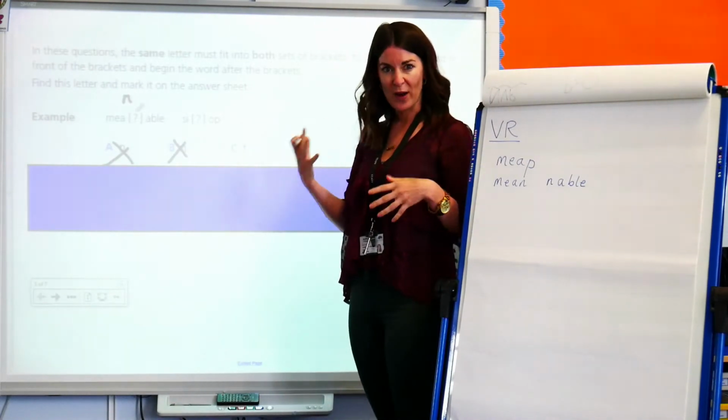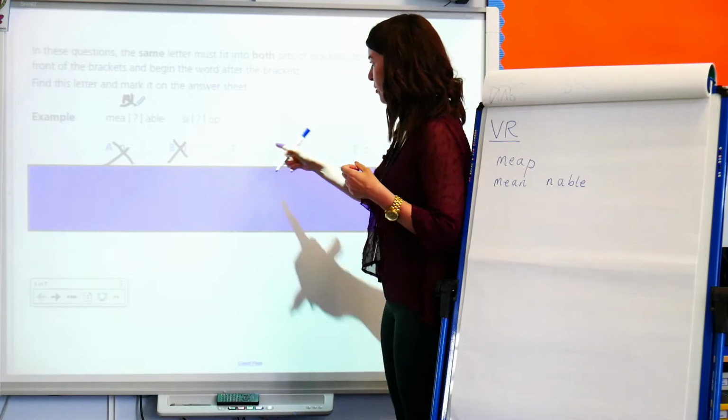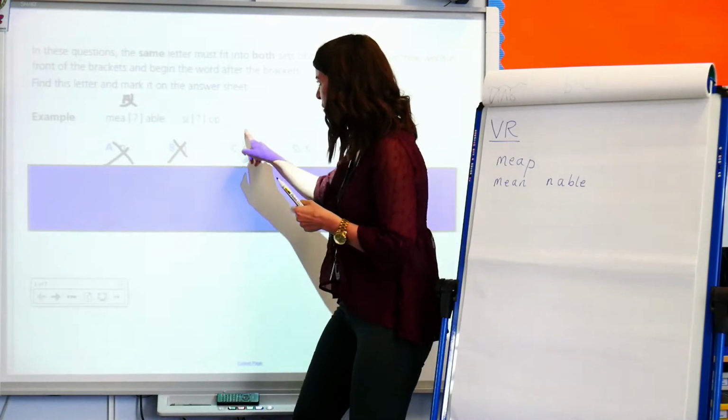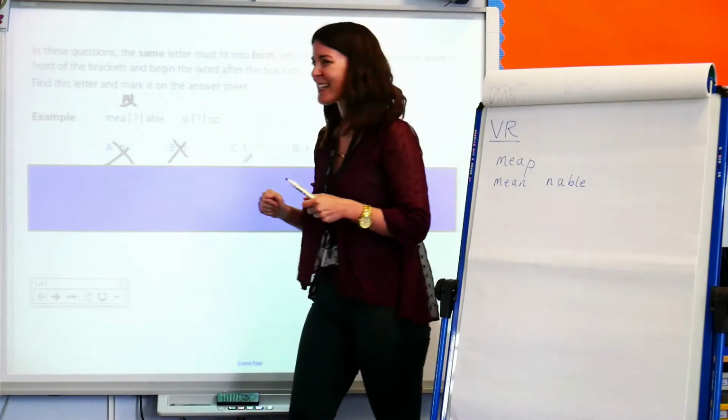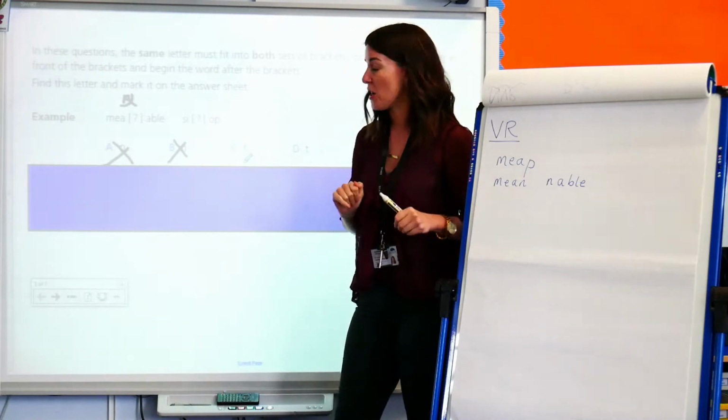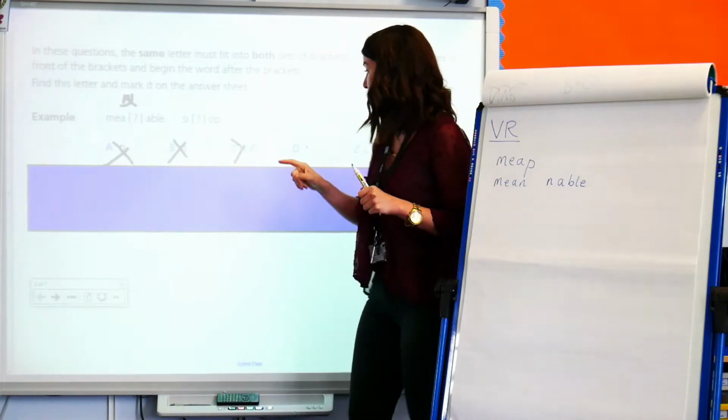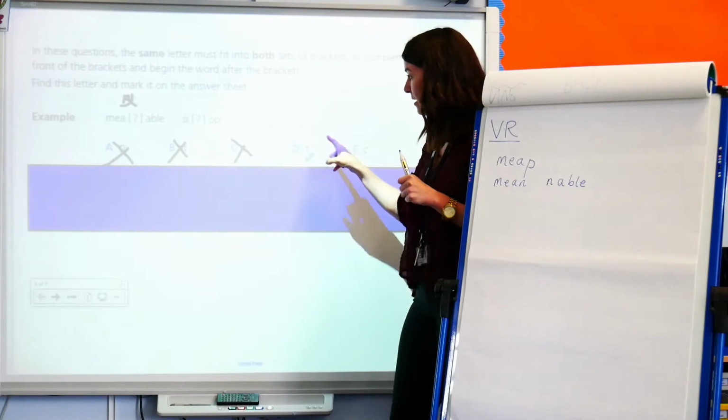So I can move my way through these quite quickly. If I look at F, if I imagine that going there in my head, meef, not a word, can't be F. So I'm going to look at the next one. I've got T. Right, let's have a look.